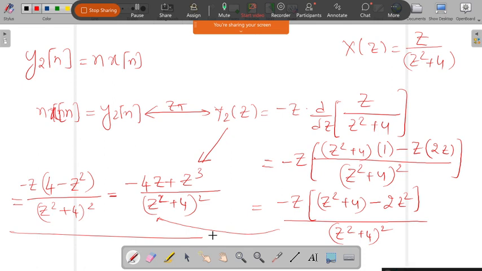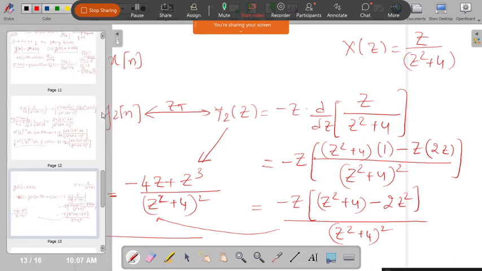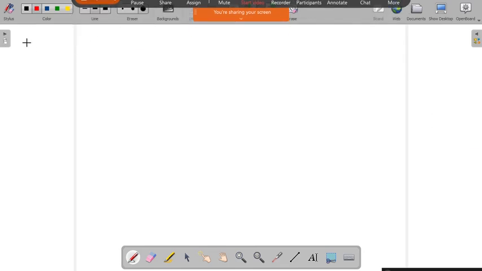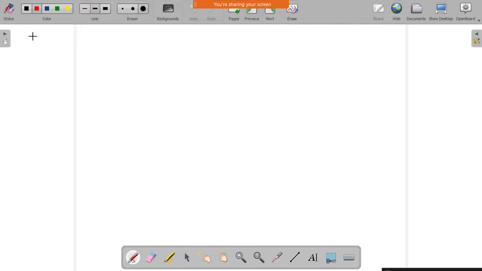Some other problems I'll give; try to solve and get the result. If you don't get it, I'll solve in the next class. So take two or three problems and try to solve them. That is, x of n equal to alpha power n by 3 into u of n by 3, where n equals 0, 3, 6.